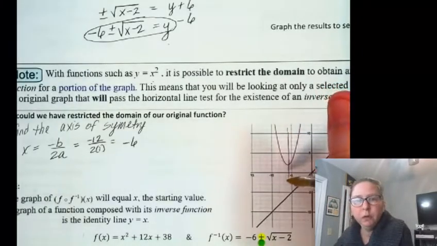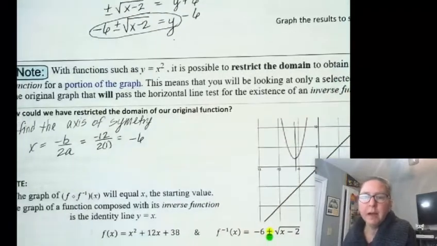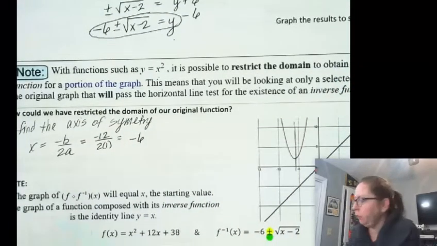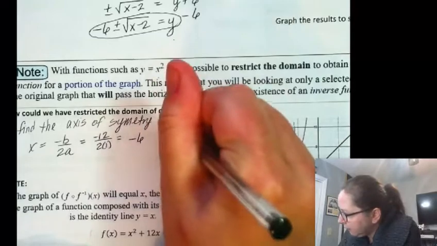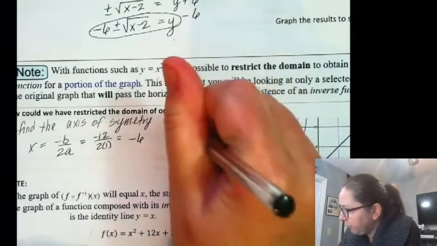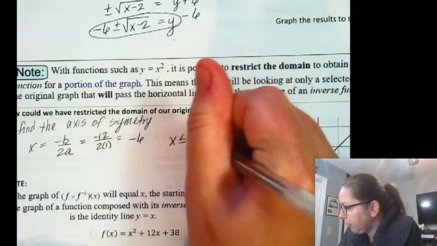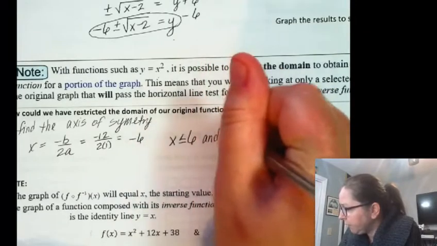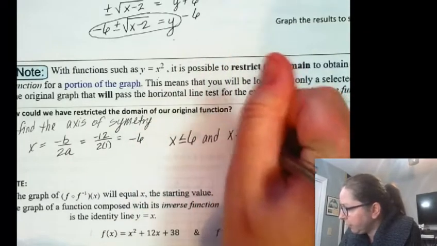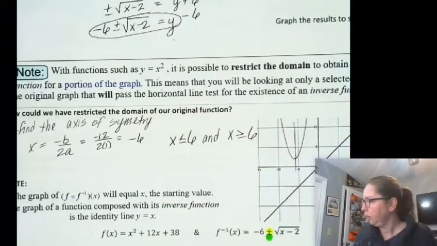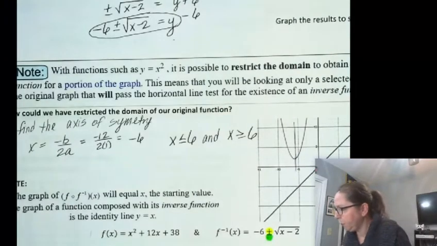So if I cut this parabola into two equal parts, and I say only look at the values where x is less than or equal to negative 6, and the parts where the x value is greater than or equal to negative 6, we end up with this, right?